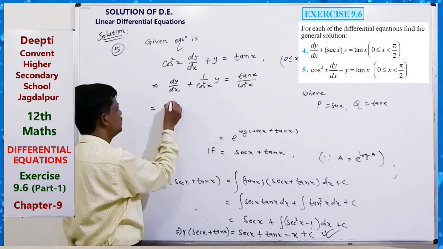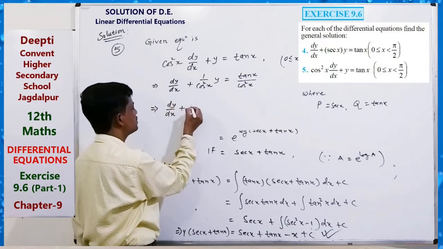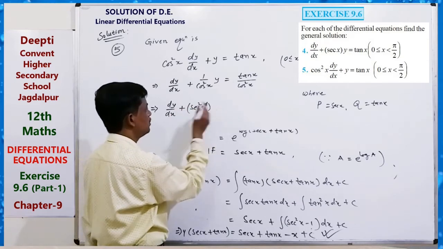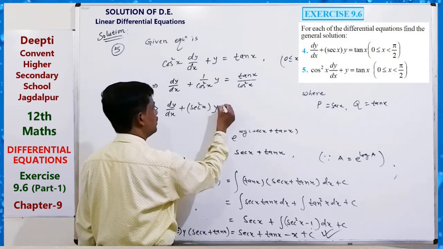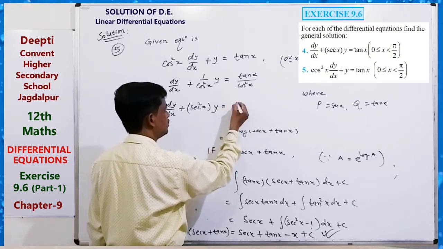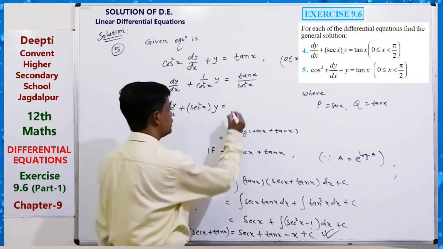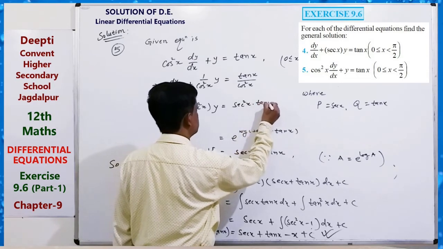This can be written as dy by dx plus sec square x into y equals sec square x into tan x.